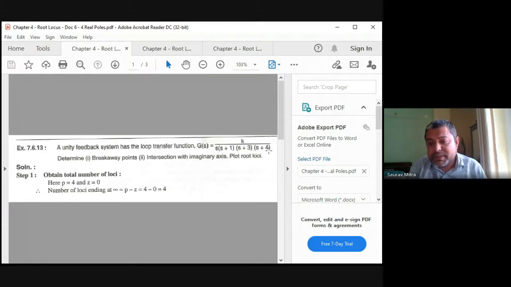Let us start the process, and we are going to follow the 8-step rule, and the 7th step we will not have to do. Here all the poles are real poles, and there is no zero in this case. There is no imaginary zero, there is no imaginary pole, hence step number 7 is not needed.